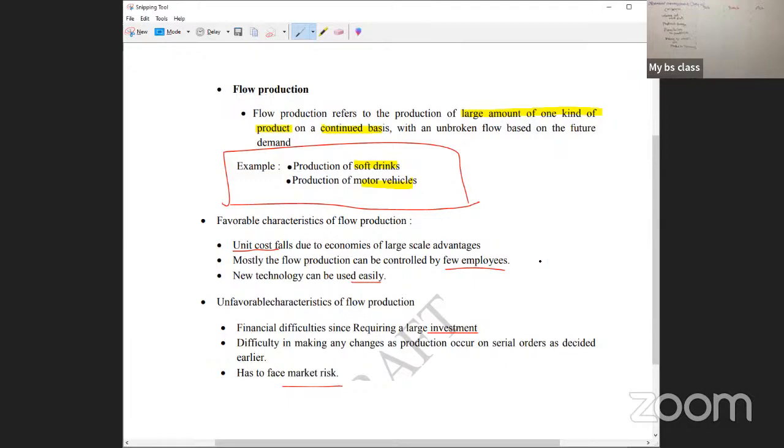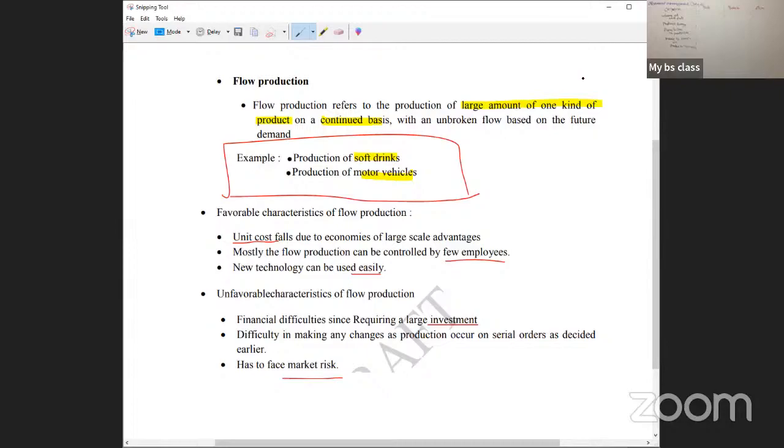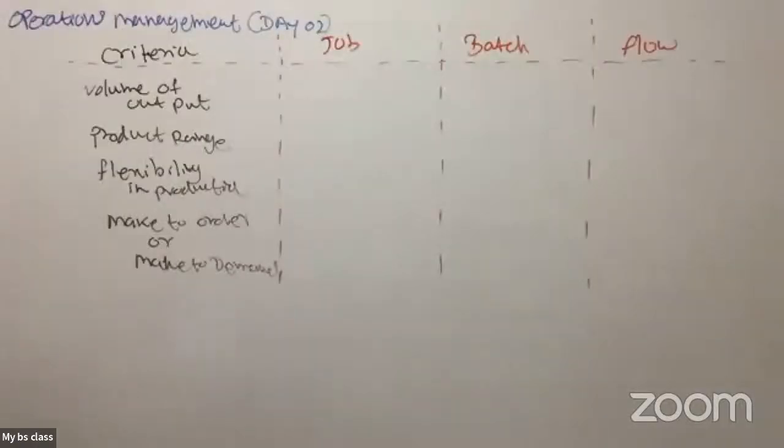Right, guys, so assuming that you are done with writing and moving to a comparison, let's quickly do this.